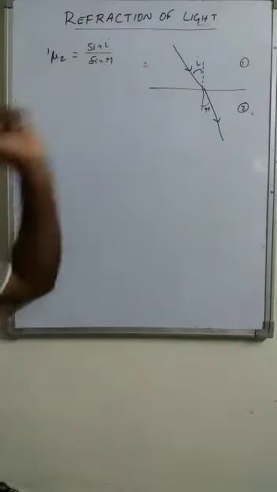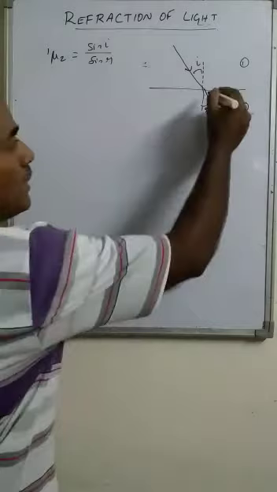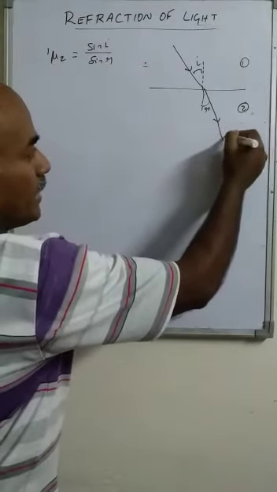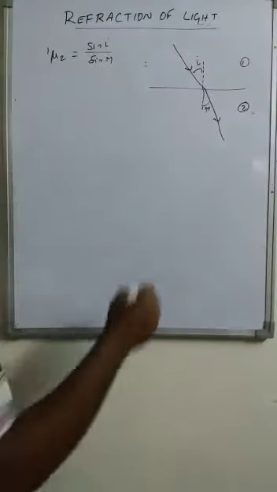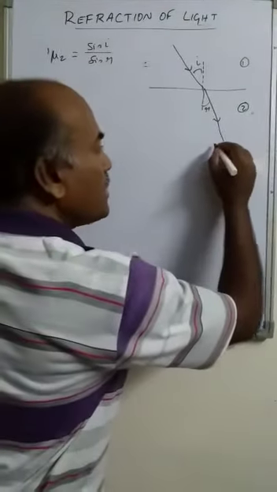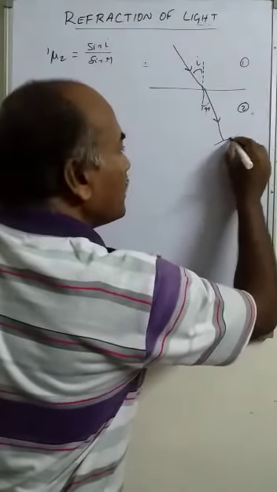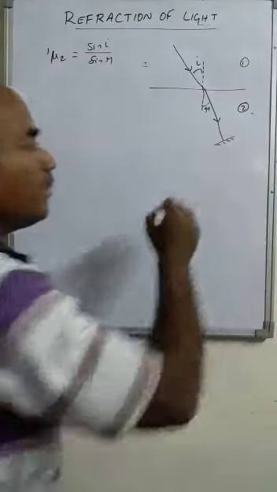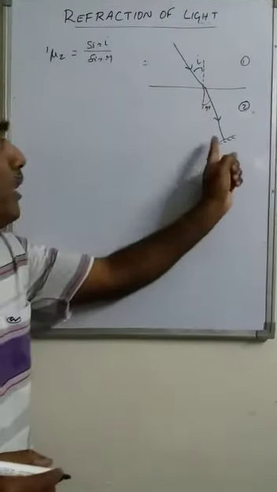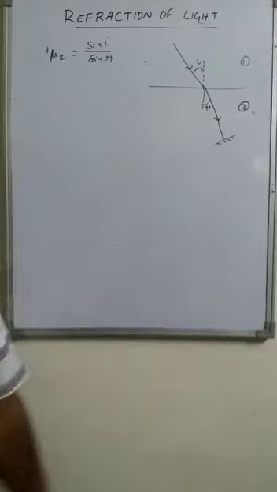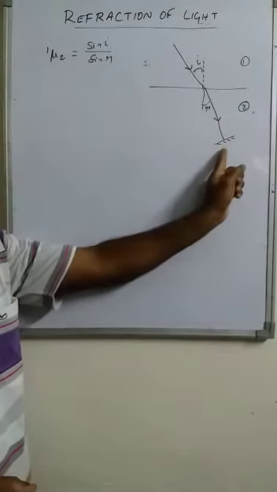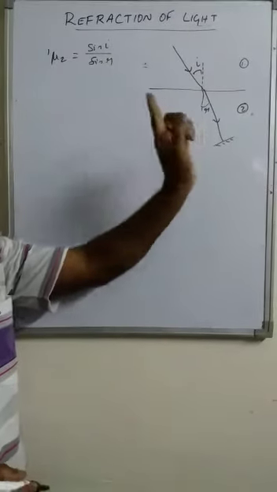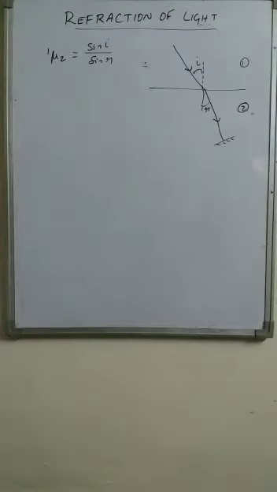Now, what we are going to do: since this refracted ray is traveling in the second medium, on its path we just place a plane mirror, perpendicular to the refracted ray.